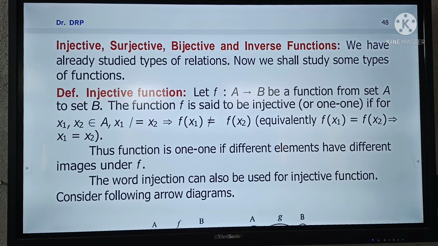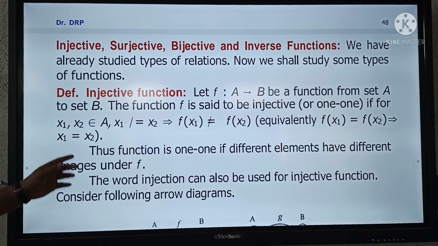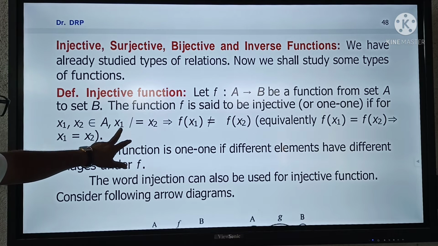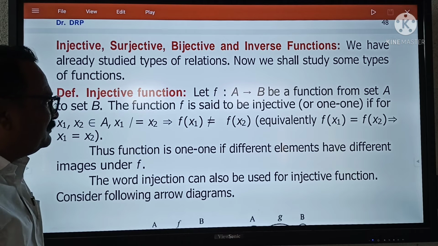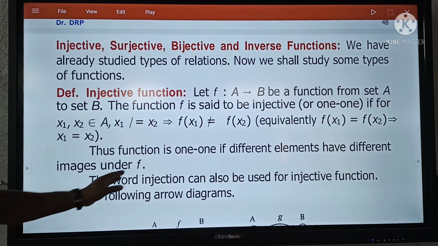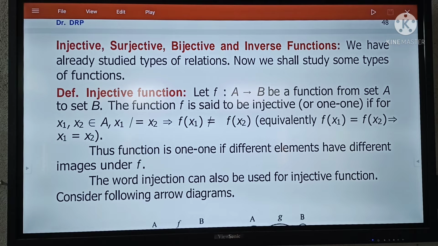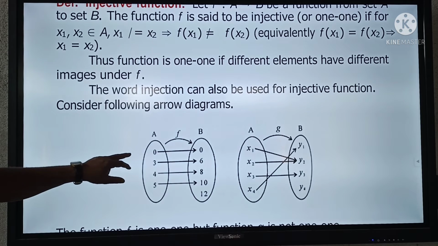Let f from A to B be a function from set A to set B. The function f is said to be injective if for x1, x2 belonging to A, x1 not equal to x2 implies f of x1 not equal to f of x2. Or equivalently, we can say that f of x1 equals f of x2 must imply x1 is equal to x2. Then we say that the function is a one-one function.